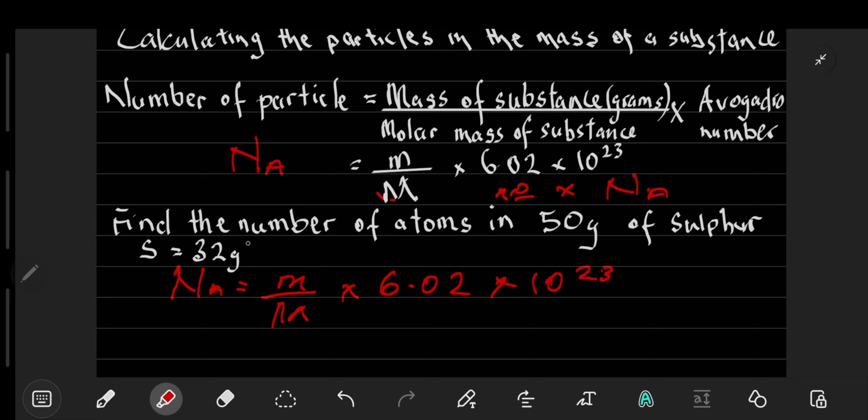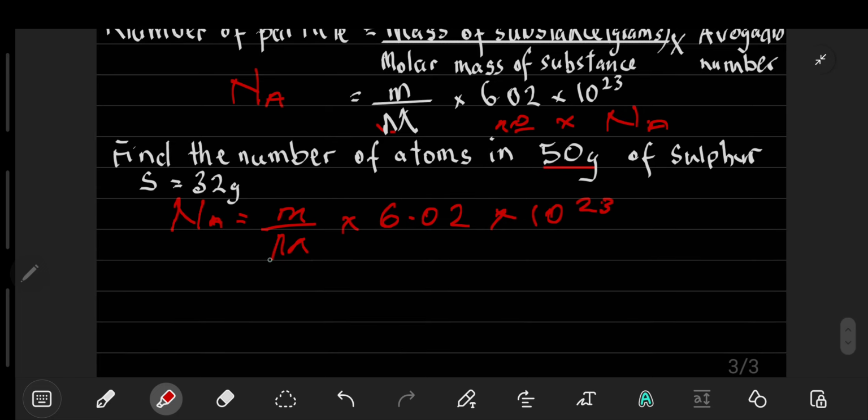Now we've been asked to find the number of atoms in 50 grams of sulfur. We know that the formula mass for sulfur is 32. So we have 50 grams of it. The molar mass we are using here is 32. And we are multiplying that by Avogadro's constant.